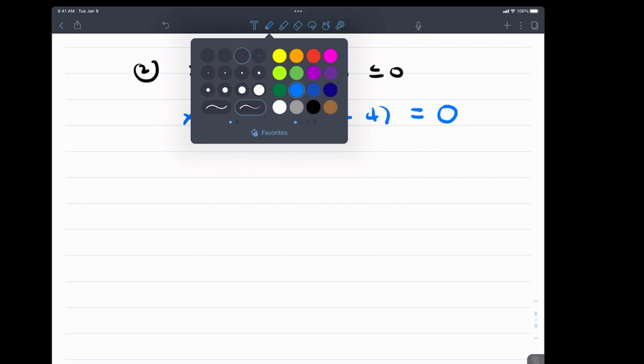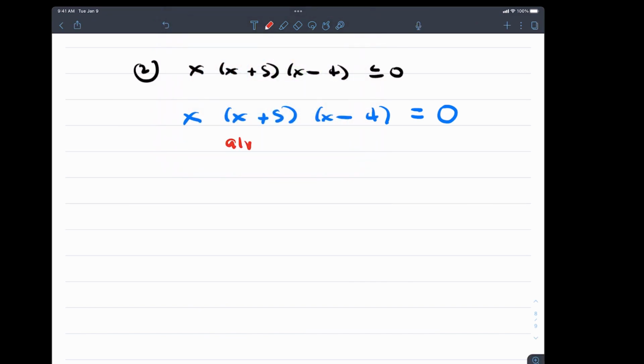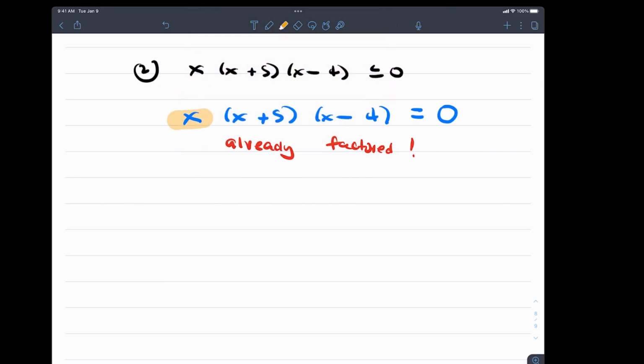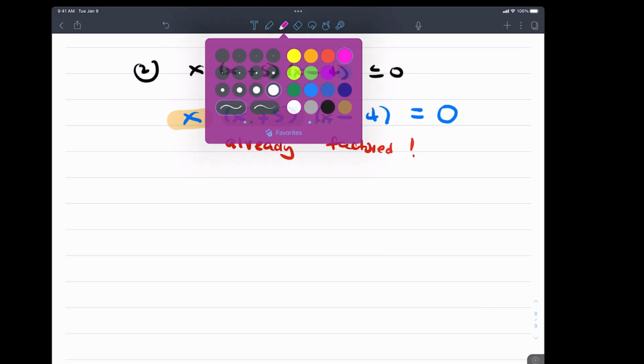This is already factored. We don't have to factor. That's nice. Orange, green, I don't know, pink or something.